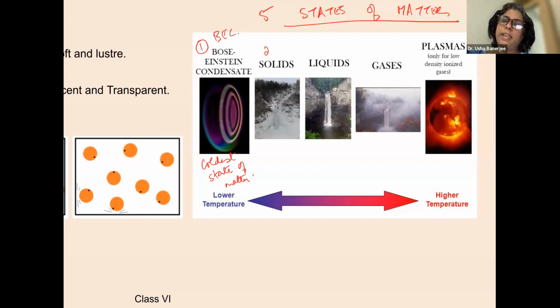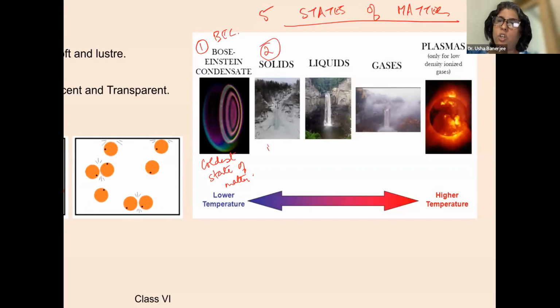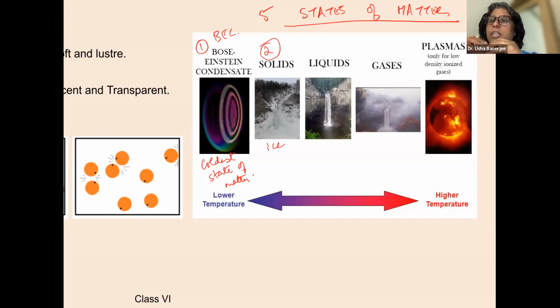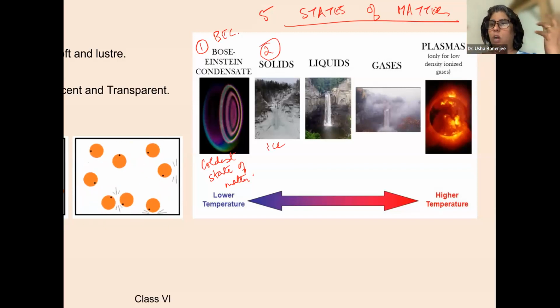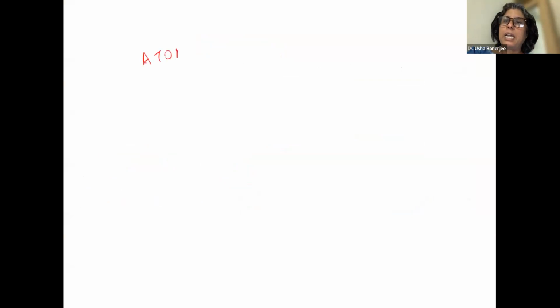Next, coming to the second state, which all of you know, solids. So ice is solid. If you have noticed the picture of solid, in solid, the atoms are tightly packed with one another. Now, what is atom? Right? So basically, an atom is the smallest unit of matter.